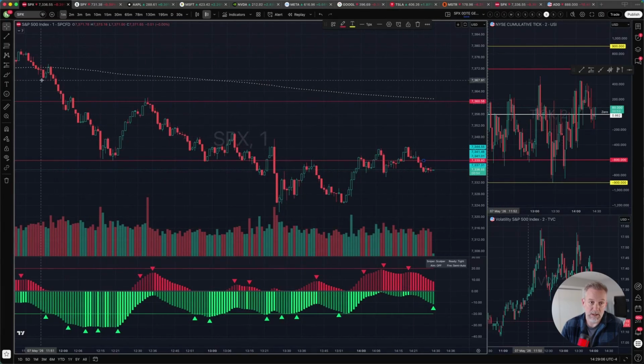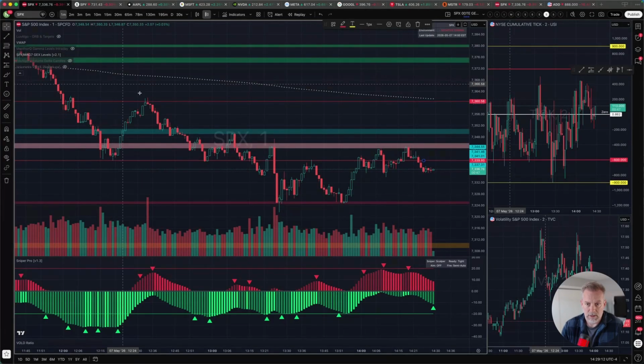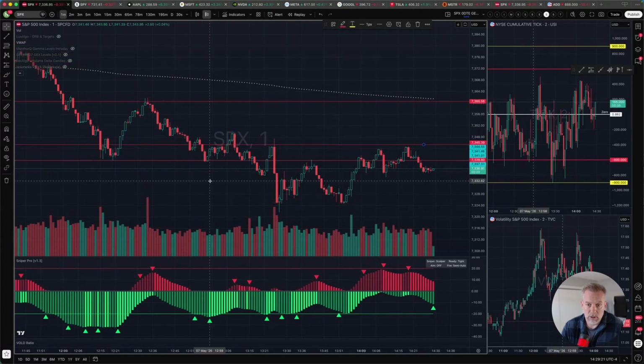And let me put a line into this put support area. So now I have two lines on the chart, and we get rid of the gamma exposure levels.